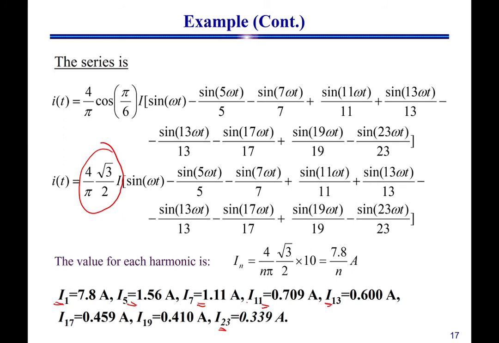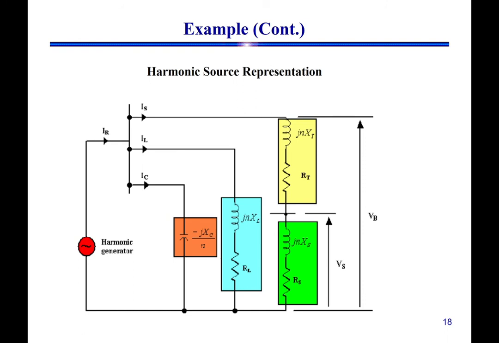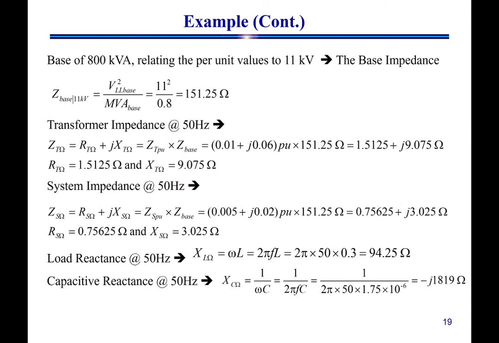And now I guess we need to repeat the problem that we already did in example number 1. So this will be our circuit. We have a capacitor bank, a load impedance, the transformer, the source, and the impedance of the source.